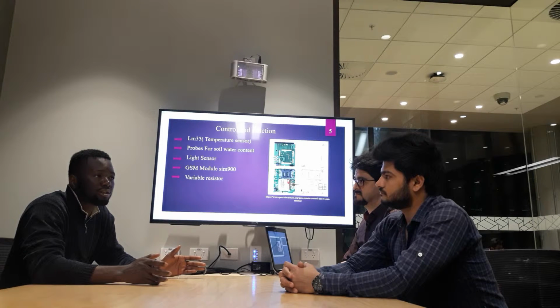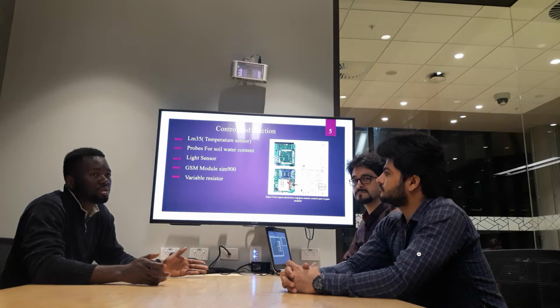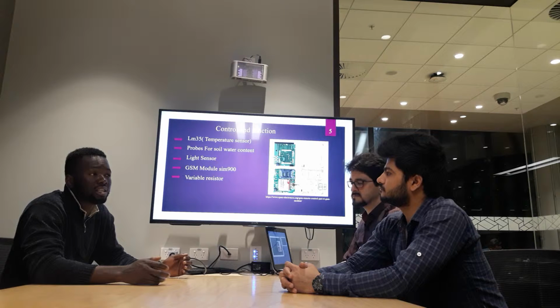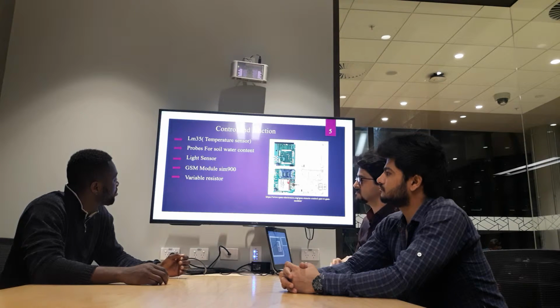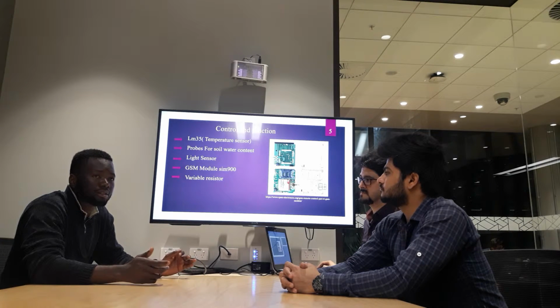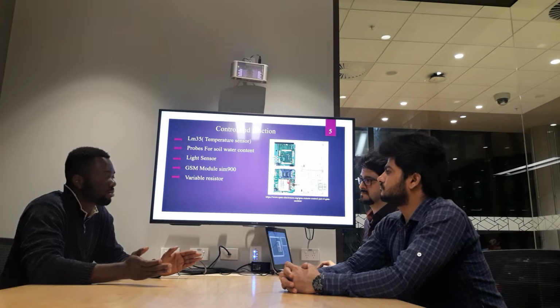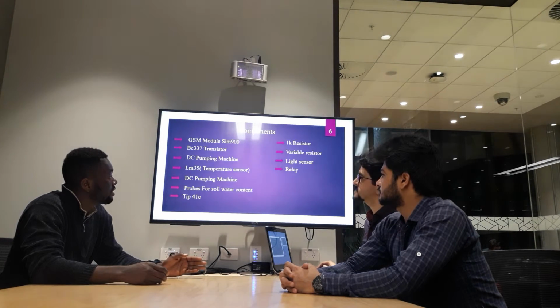So he doesn't have to worry about his farm when he's on vacation. He can control it from anywhere by using a voice command or an SMS. The variable resistor works with the probes. It gives us access to regulate at what soil moisture we want the DC motor to come on or off.